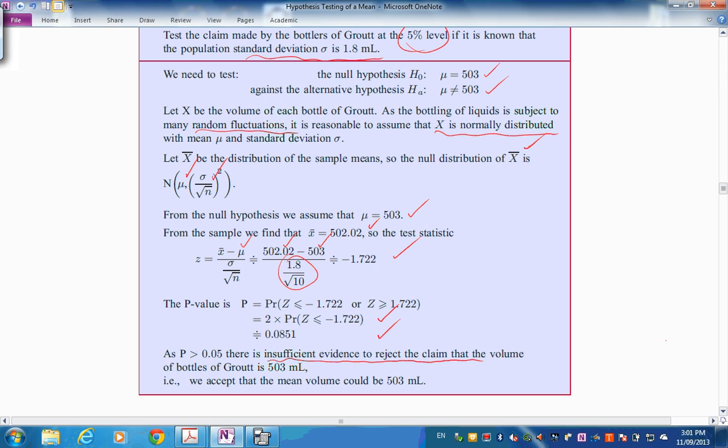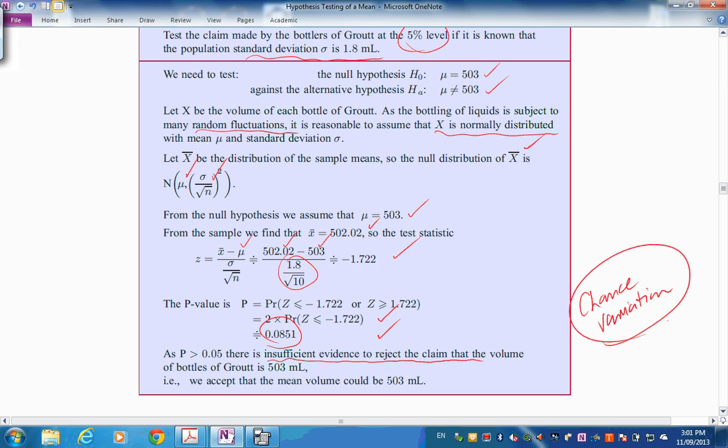Okay, 502 sounded a little bit small, but at the 5% level here, under the null hypothesis, there's still an 8.5% chance of that being correct. In other words, it's a bit disappointing, but as young statisticians, you know that by chance this could happen. Chance variation. You've got to have more evidence than that.